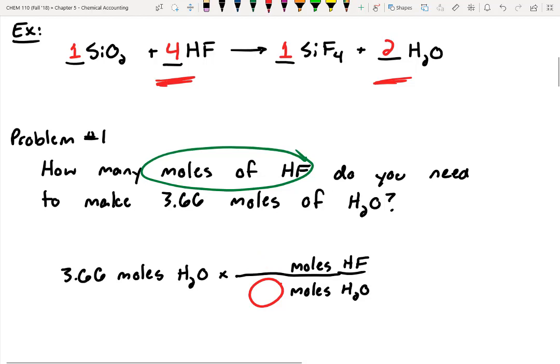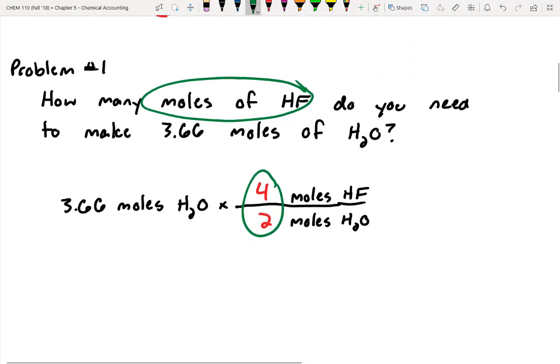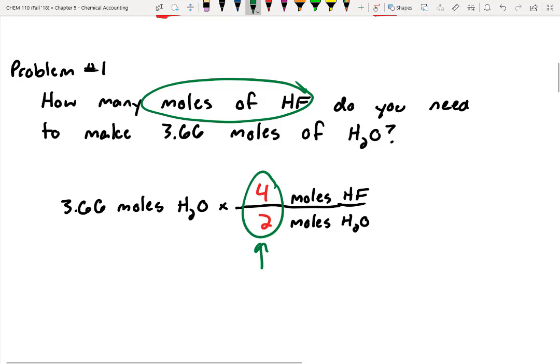So really quickly, we can plug this in and we can say, in our balanced reaction, our coefficient for HF was 4. Our coefficient for water is 2. So let's make a note that these are the coefficients from your balanced reaction. It just gives you the ratio.